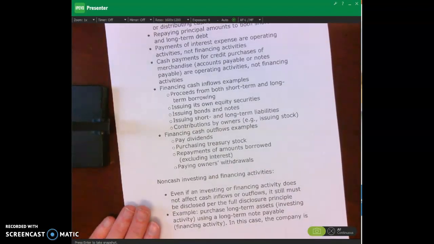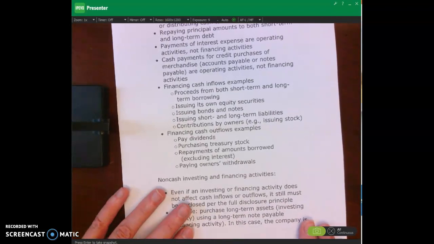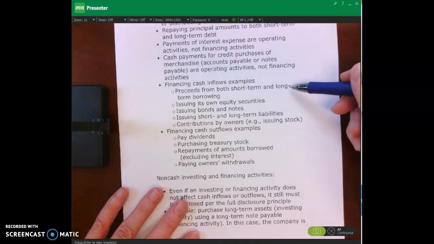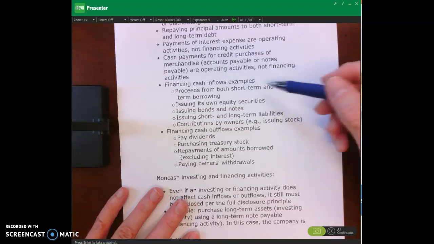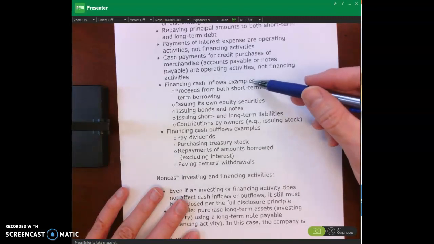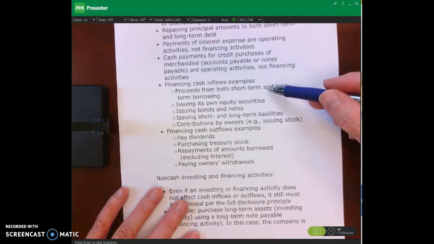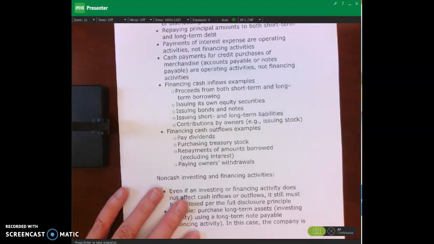If we look down here, we could say proceeds from both short-term and long-term borrowing. That'd be a cash inflow. So if we extended credit, okay, we could have our short-term and long-term borrowing right over there.